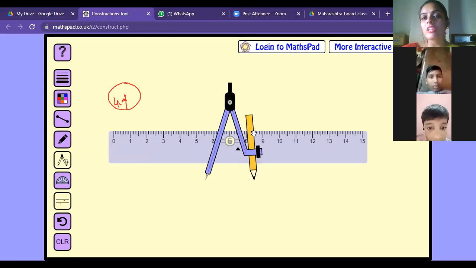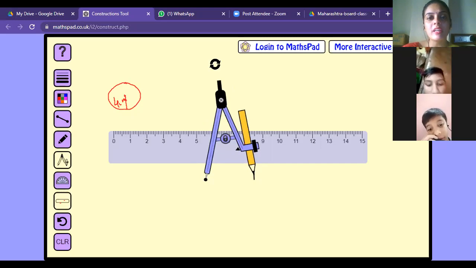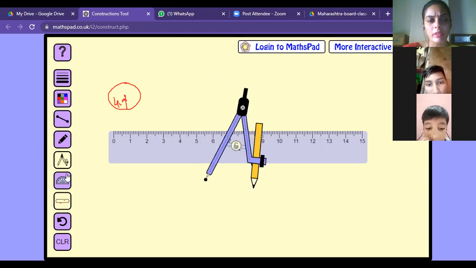Yes, teacher. And what centimeter do we have to take? What centimeter? 4. Teacher, 3 centimeter. 4 centimeter we have to take, right?